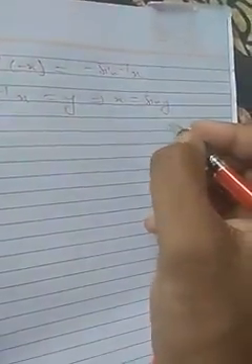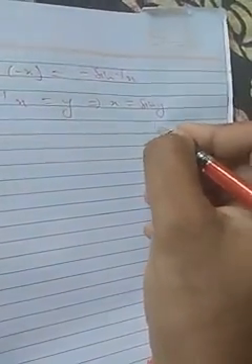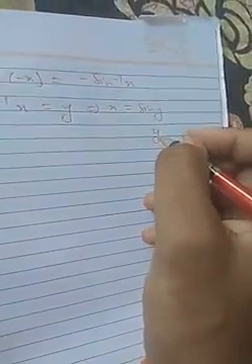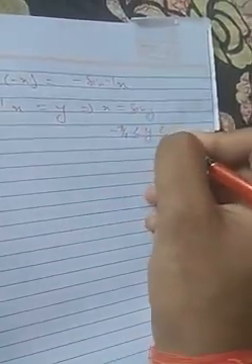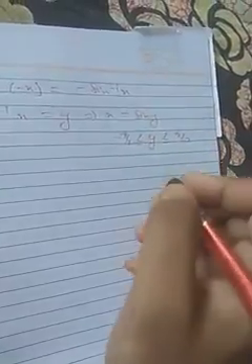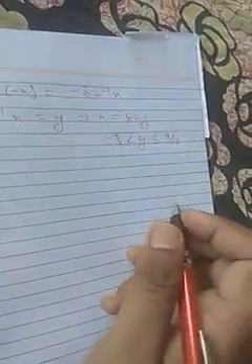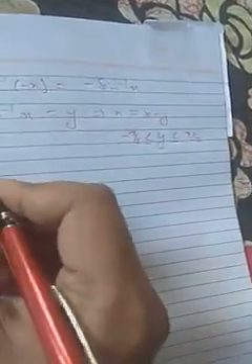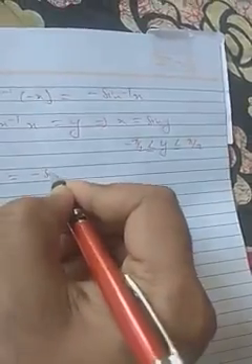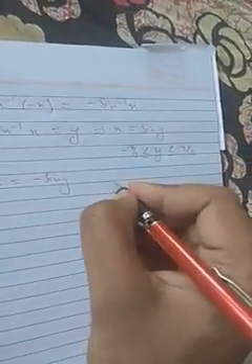Then we find that x equals sin y, and this must be satisfied if and only if y is greater than or equal to minus pi by 2 and less than or equal to pi by 2. Now putting a minus on both sides, we get minus x equals minus sin y, and what do we find for the condition?